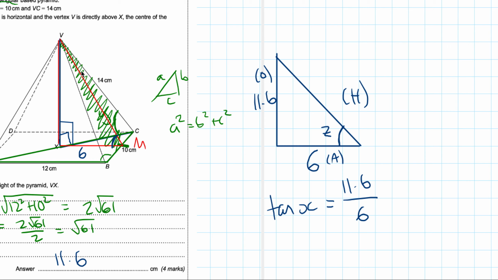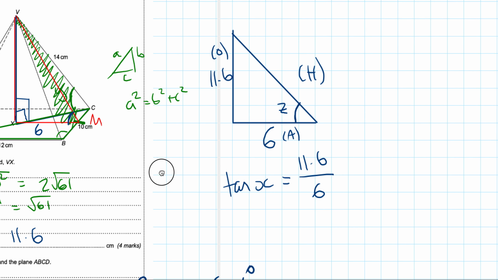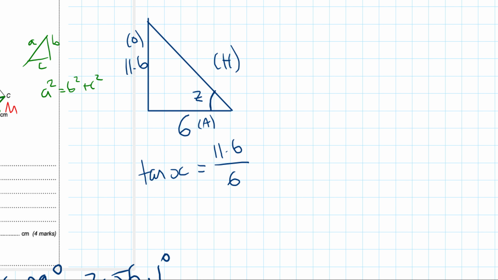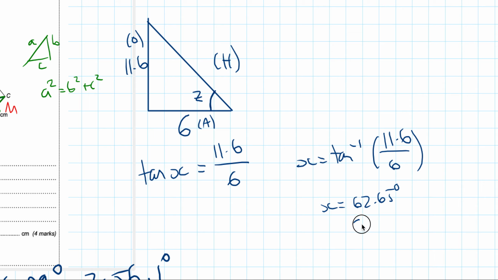We don't know this height that is going to M, hence why we redraw it, as we're finding a different plane at that point. So tan X equals 11.6 over 6, therefore X is equal to the inverse tan of 11.6 over 6. Plugging into our calculator, we get 62.65, which we can simplify to 62.7 degrees.